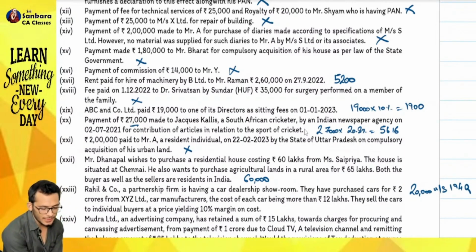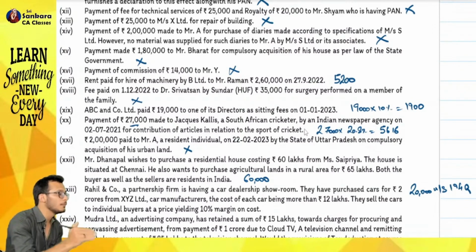They sell the cars to individual buyers at a price yielding 10% margin on cost. The cost is 12 lakhs per car. They are adding 10% margin on it, which means the cost of the car is now 13 lakh 20,000. Will you apply TCS or TDS? TCS. Every car has gone more than 13 lakh 20,000 and it's an individual sale.